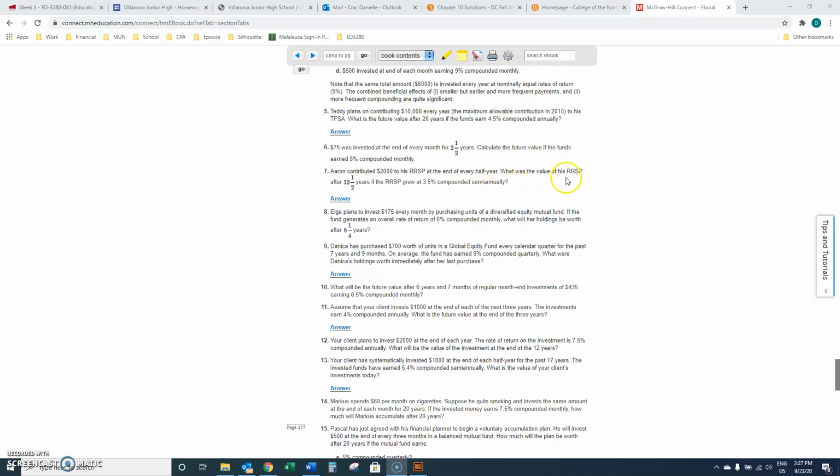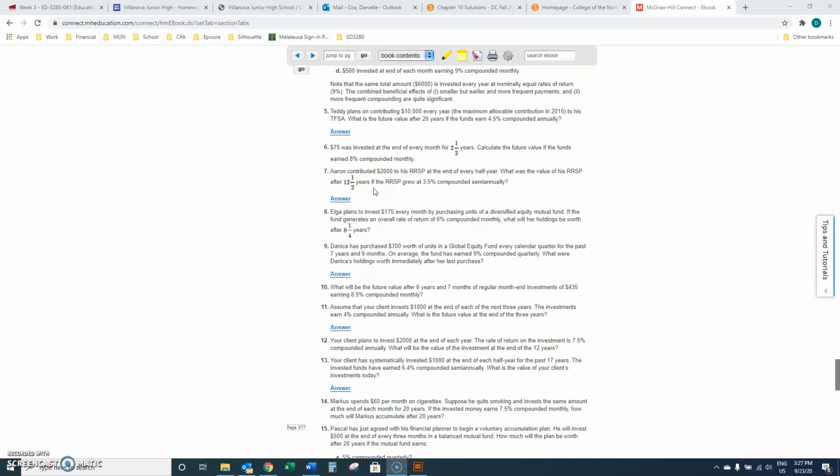What was the value of his RRSP after 12 and a half years? So we're looking for the future value. So future value, you can put a question mark next to it. That indicates that's what we're looking for. After 12 and a half years. So N, now N is not going to be 12 and a half.